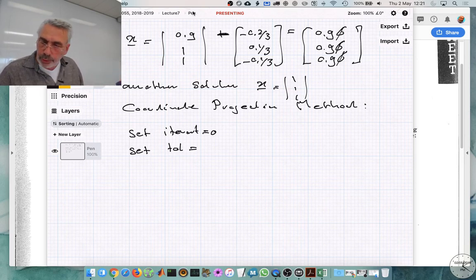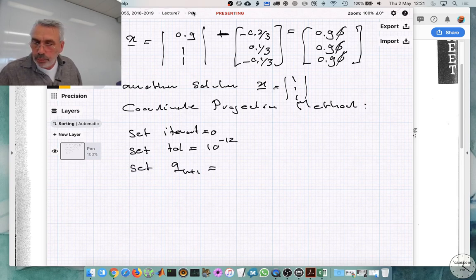So I take a number like 10 to the minus 12. Then we set the solution we want to have, Qn plus 1, equal to the approximate solution. We say, well, that's the best we have. And then we set our maximum number of iterations to 10.